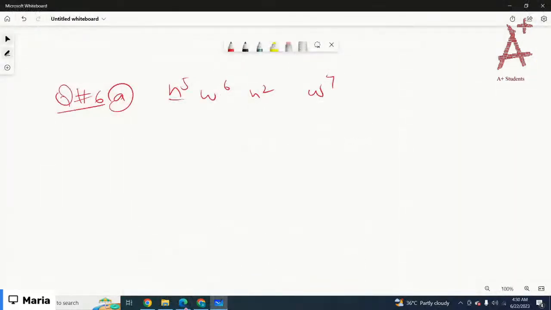So see, these have the same base and these two have the same base. You simply have to add their exponents: n^5 and n^2, you add 2, then w^6 and w^7 you add. So it would be n^7 and w^13. Got it?